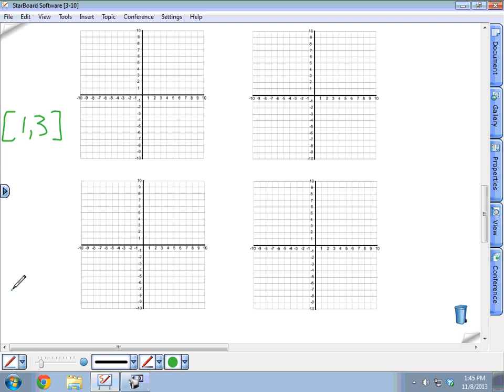Okay, so would it be 2 to 4? Well, it looks like from my graph it looks like 1 to 3. Does it look like 1 to 3 to you guys on yours? Yeah, I guess that makes sense. It could have been 2 to 4, it depends on how you number these. But if you're counting them by ones, it's 1 to 3.